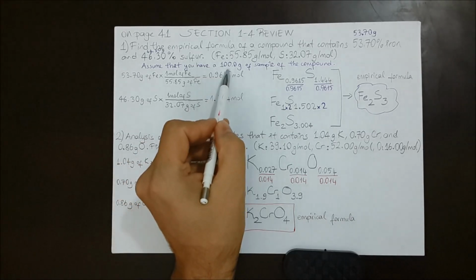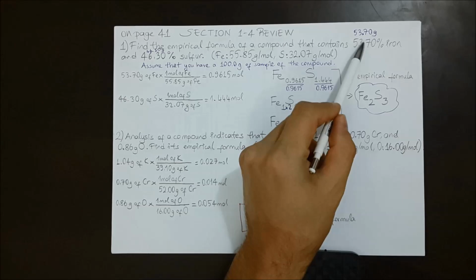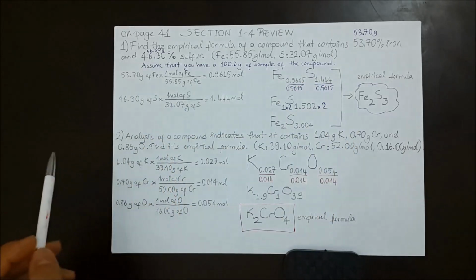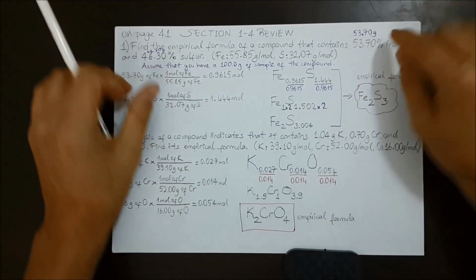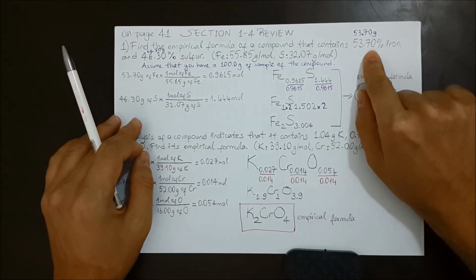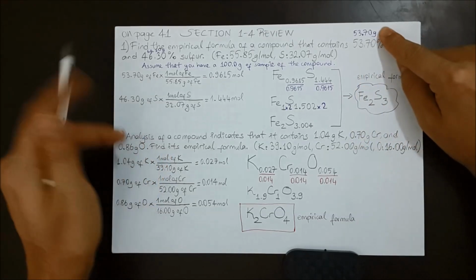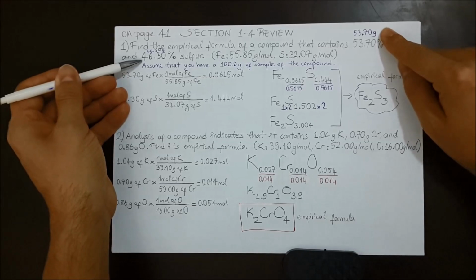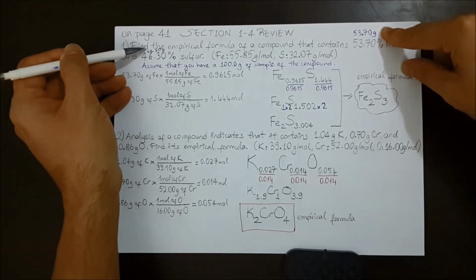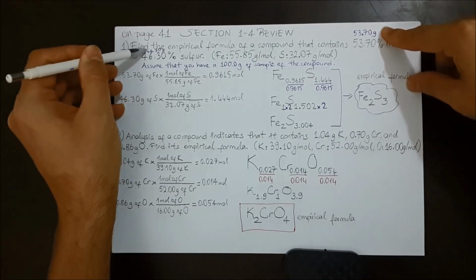Then we can easily change percentage composition into mass composition. As you see in my question, I changed the percentage composition of iron into mass composition, and the percentage composition of sulfur into mass composition of sulfur.